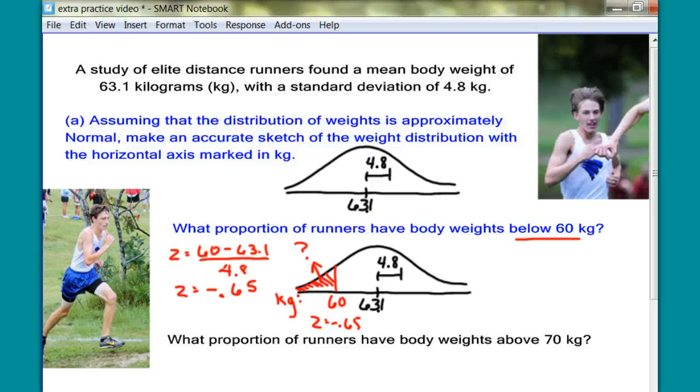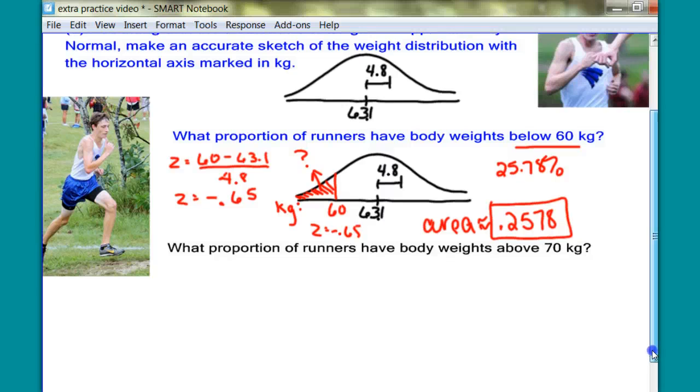So I say that area is approximately 0.2578. What proportion? You may leave your answer as a decimal, or if you'd prefer, 25.78%. They're both good answers. All right, let's move on.